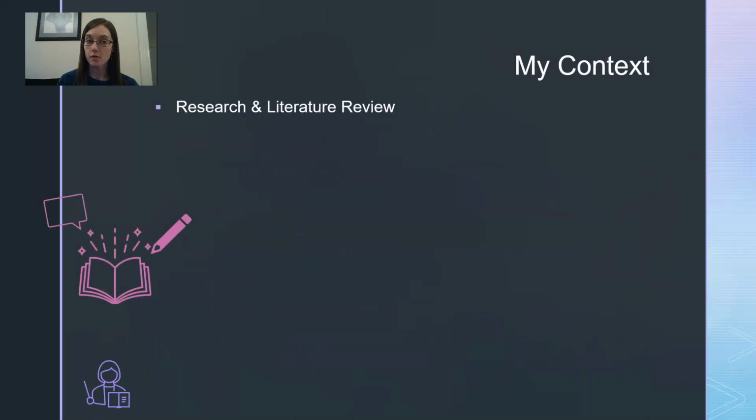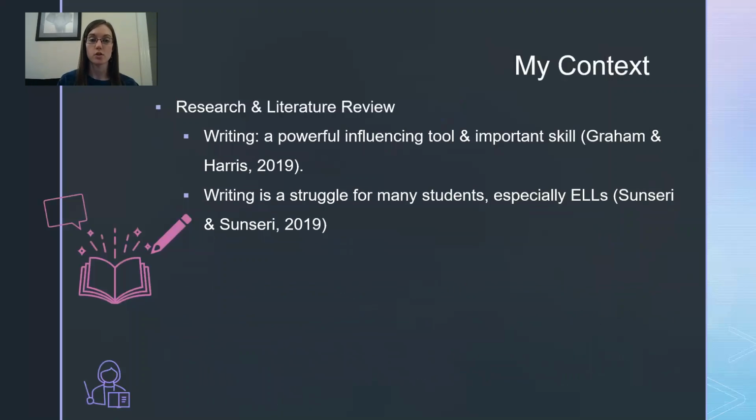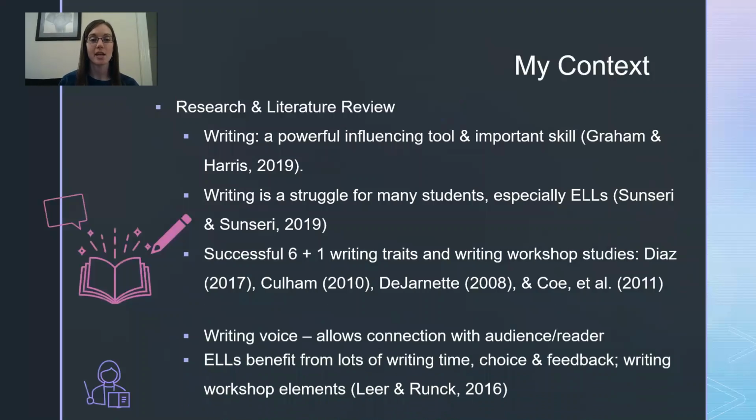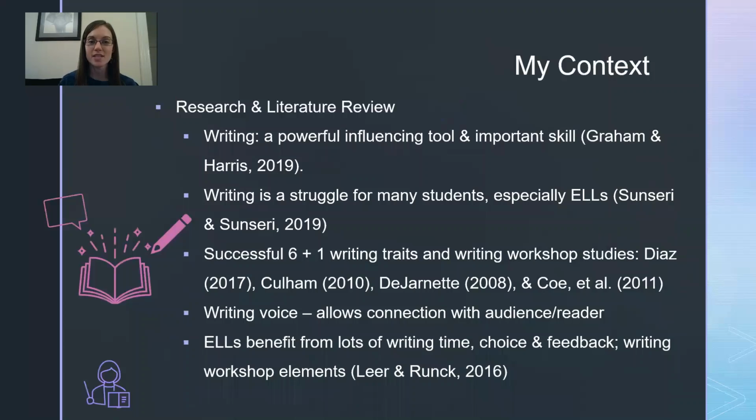As I was preparing for my own research, I looked at some other literature and found evidence that writing is a powerful influencing tool and an important skill, but it's a struggle for a lot of students, especially ELs. There have been a lot of successful 6+1 writing traits and writing workshop studies, and writing voice is important because it allows for that connection with the audience and lets the reader really know what the writer wants to say.